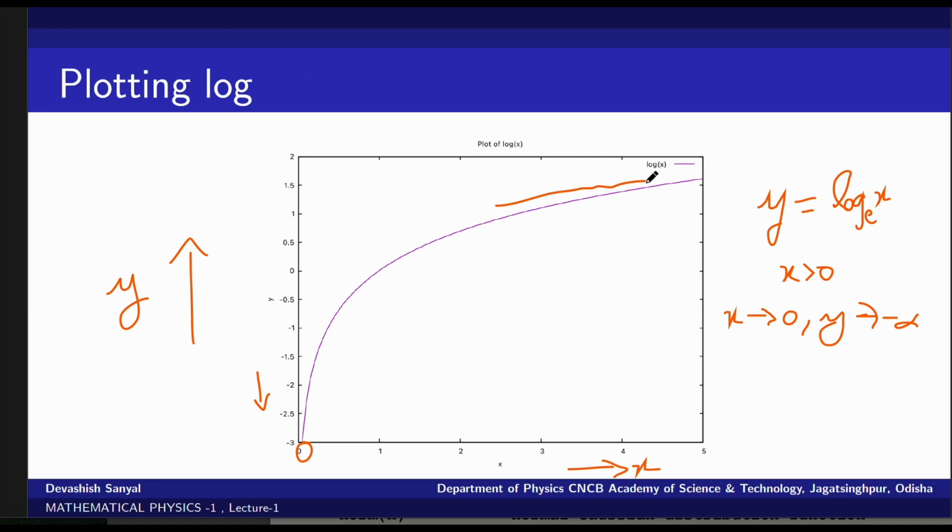Okay, so why is it like that? From x equal to 0, it's minus infinity, and it keeps increasing as we increase x, but the increase is very sharp at first, and after that it's some kind of plateauing off. That is, the rate of increase has come down. So what is the logic behind this?